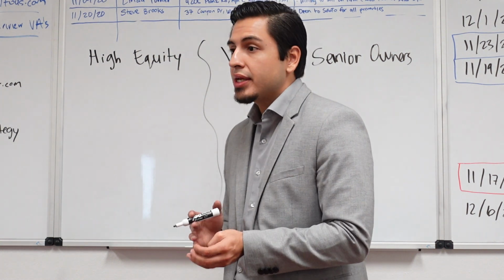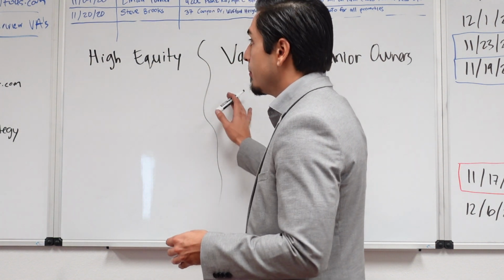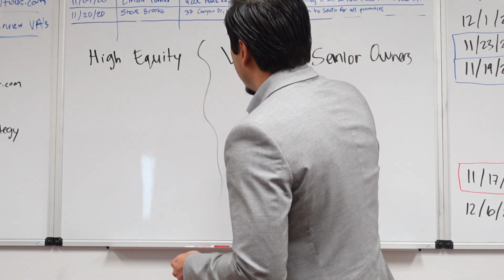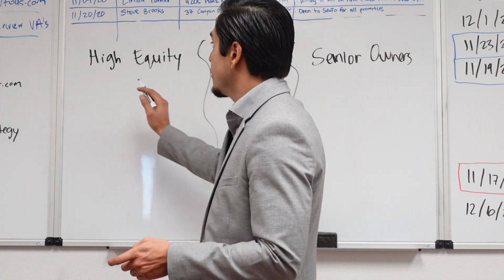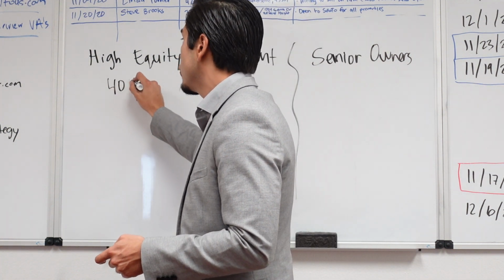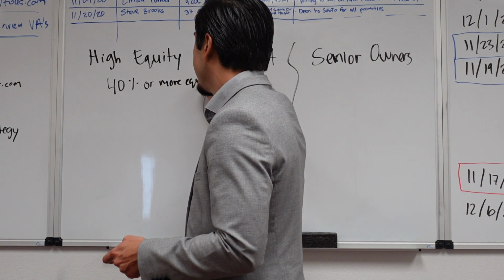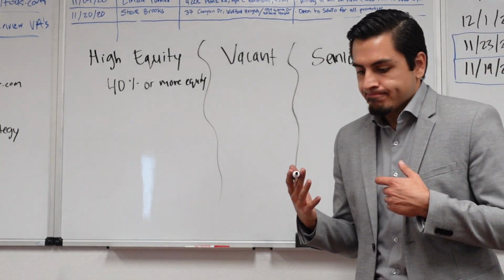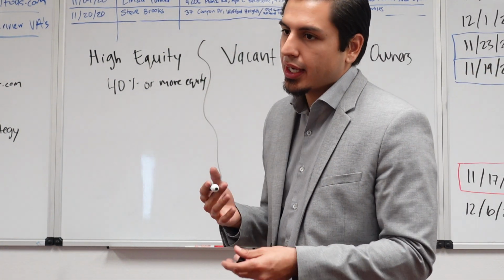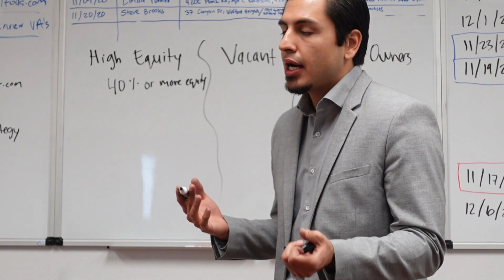So what I would recommend is target zip codes like you're doing. Perfect. For high equity and for vacant, but especially for high equity, I would go 40% or more on equity. Especially if you're targeting a list where you want lists to come back higher than the average.